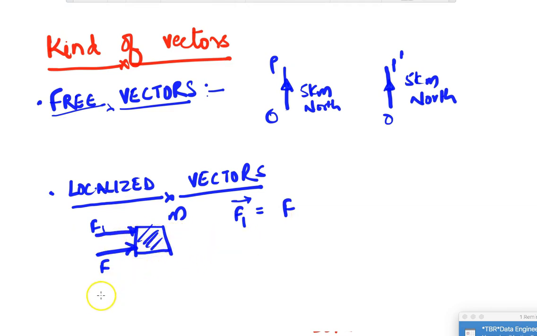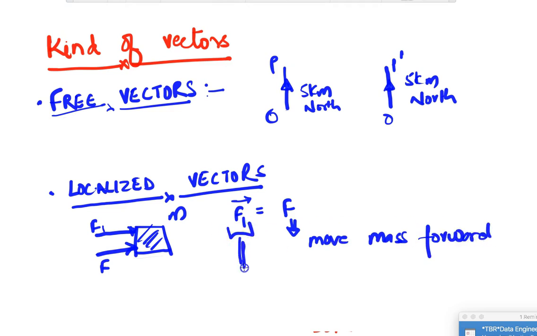However, the impact of this vector is different. F will move the mass forward, whereas F1 will give a force called torque, so it will try to topple this mass down, right?